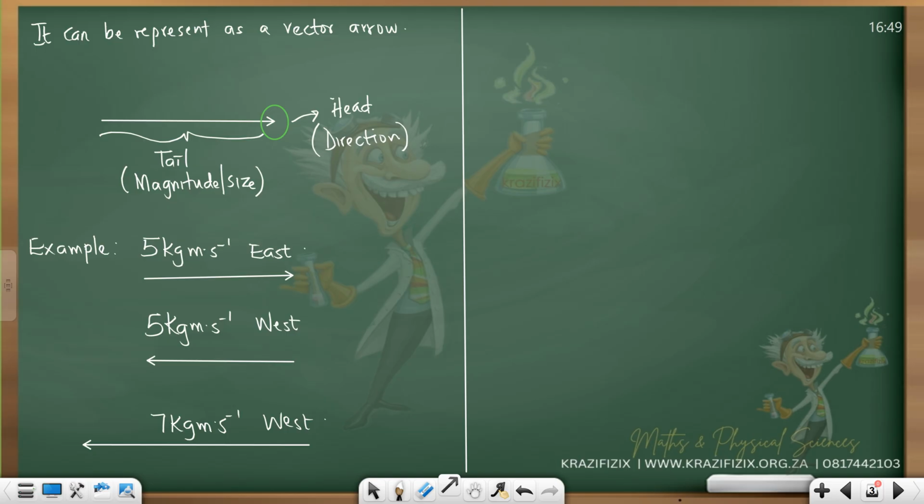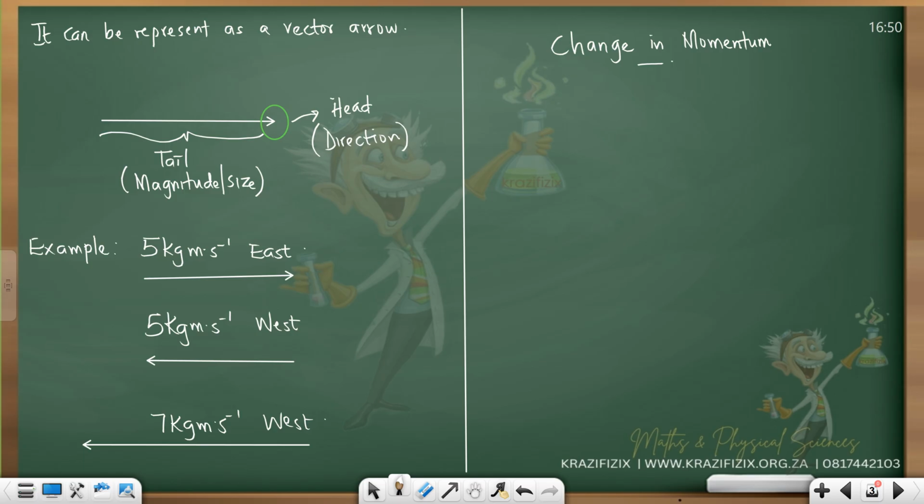So let's quickly look at the concept of change in momentum. We're going gradually. I don't want to do too many calculations today. I want to build the notes. Change in momentum. And when I say change, you are physics learners, you automatically know that we should talk about delta P.